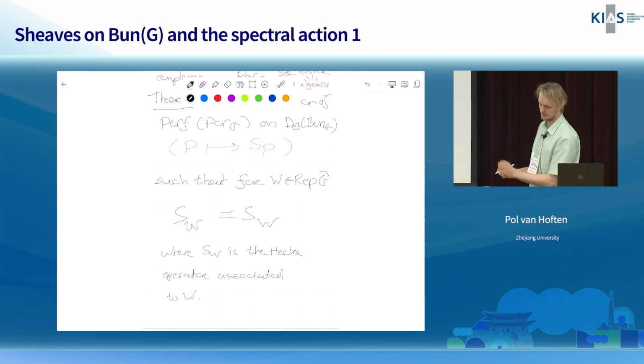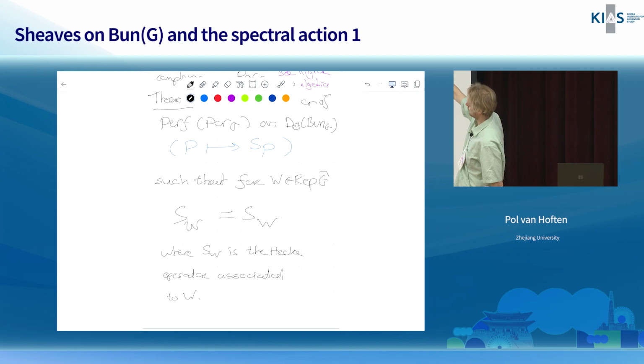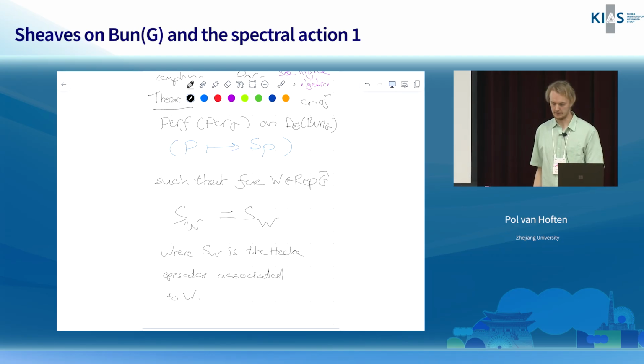Okay, so above I had, for a representation of G hat semi-direct product of a group, this Hecke operator, but in fact I also have one for just W itself. Okay, so S curly W is S_W.